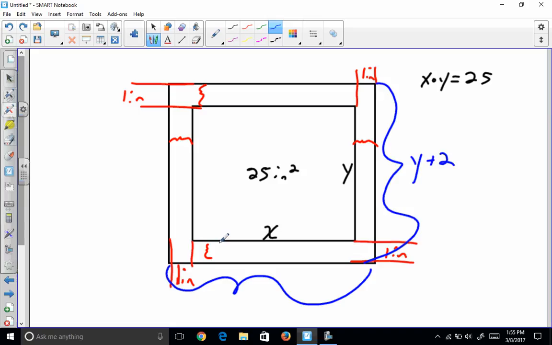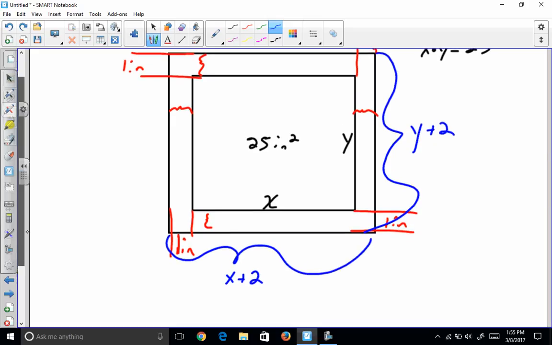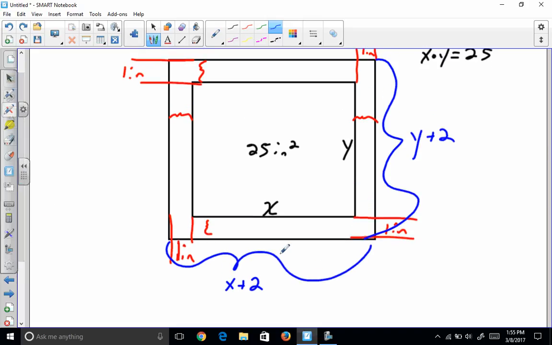For this, we have an x, a 1, and another 1, so if we add those 3 lengths together, we get the length horizontally. So we want to find out what x and y need to be so that the area of this sheet of paper is a minimum. We want the smallest sheet of paper that has the required margins that we could fit 25 square inches on.